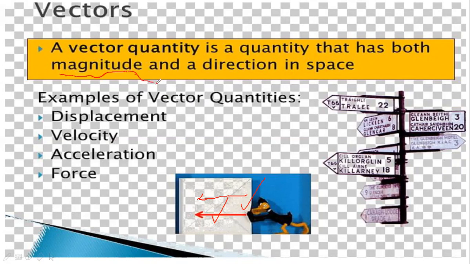For example, if you write 25 meter, displacement of 25 meter, this is a number and this is a suitable unit. So a number with a suitable unit is called magnitude. This is the definition of magnitude.